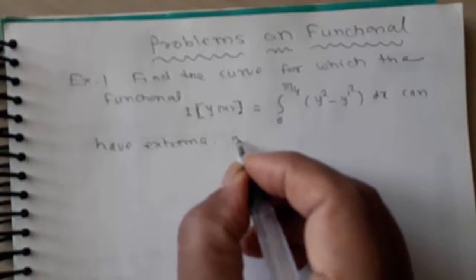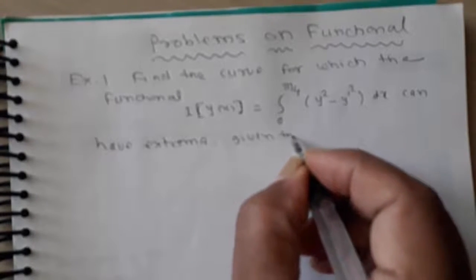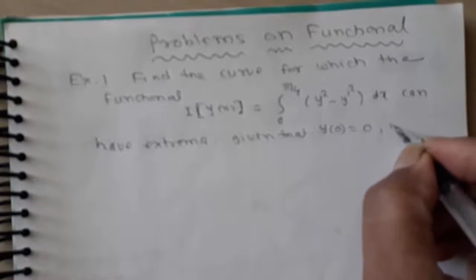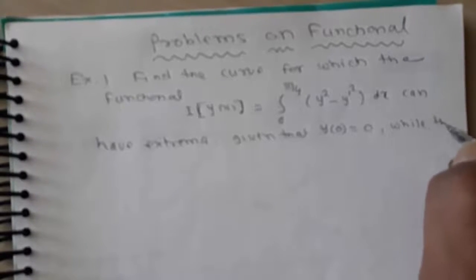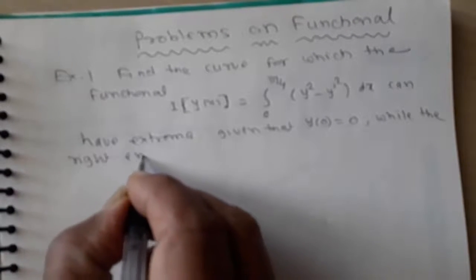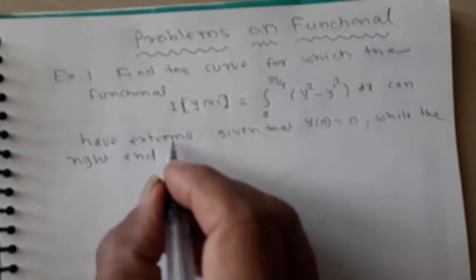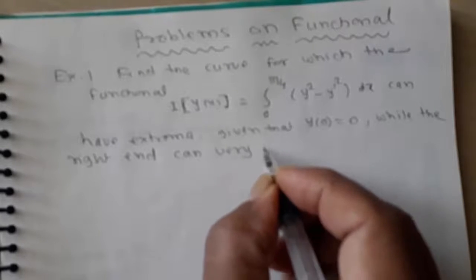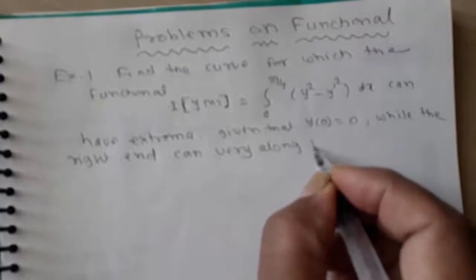Given that y(0) equal to 0, while the right end can vary along the line x equal to pi by 4.